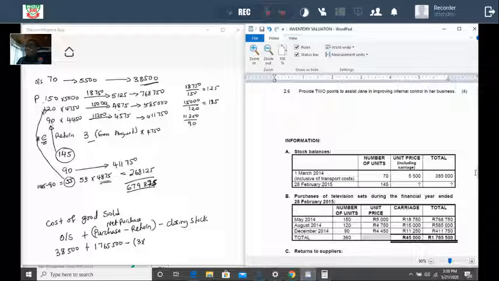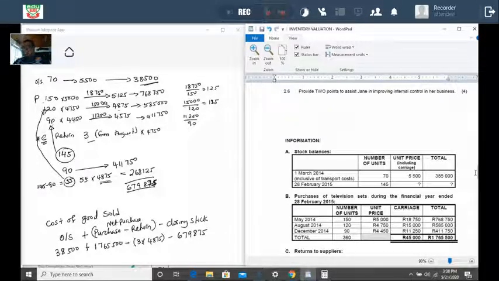Very, very important, what they are telling us here is that the 3 TV sets that were being returned, we are going to recover back our transportation cost, which means we are going to value it from August at 4,875, minus closing stock. The closing stock, the goods on hand, which we first calculated, was 679,875.